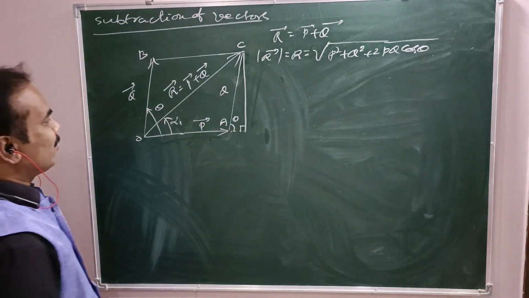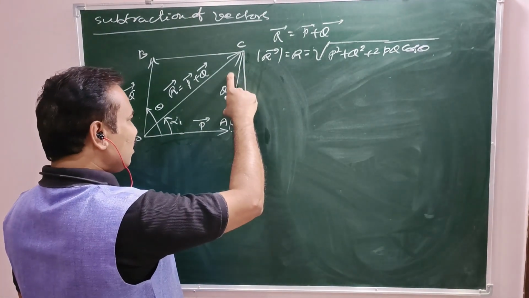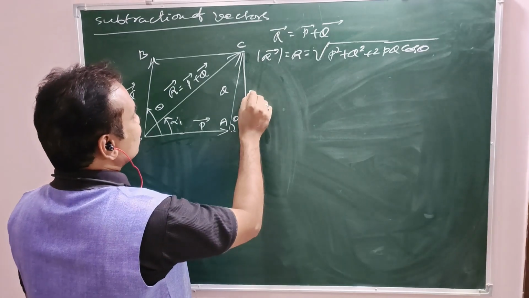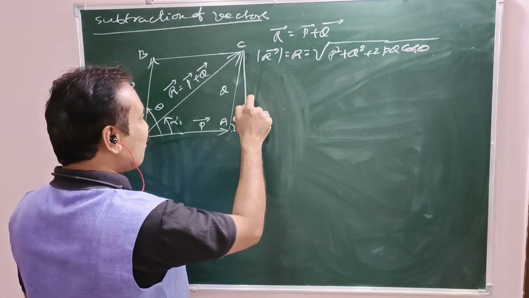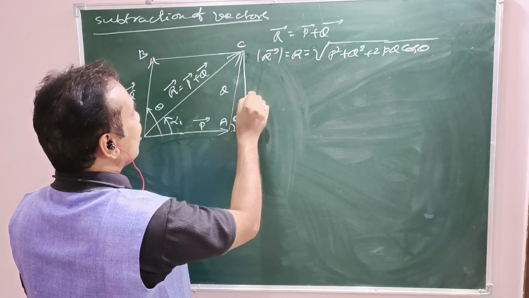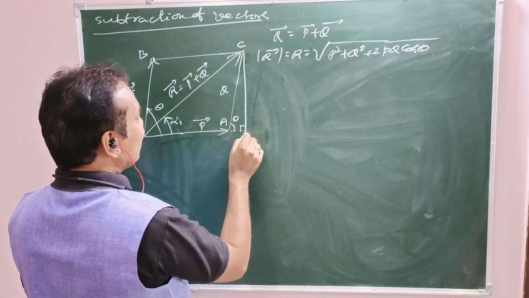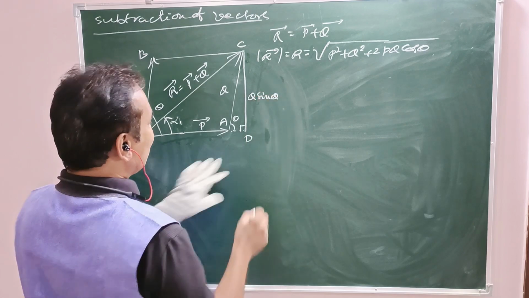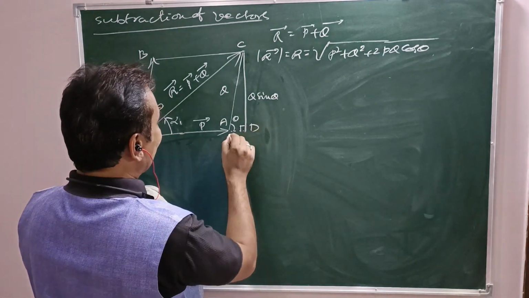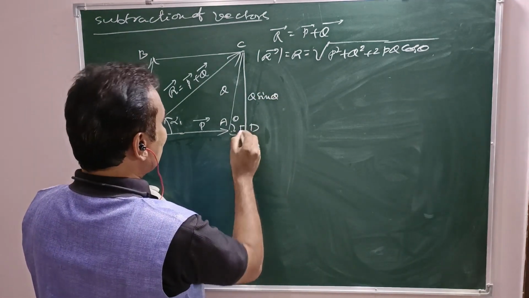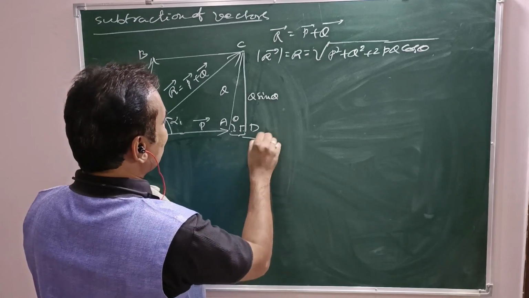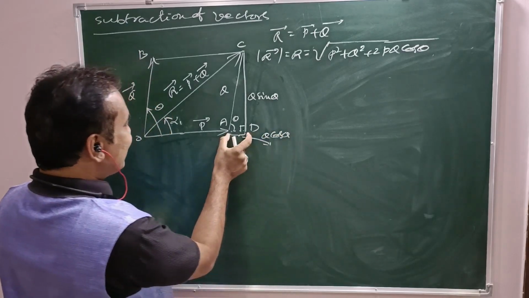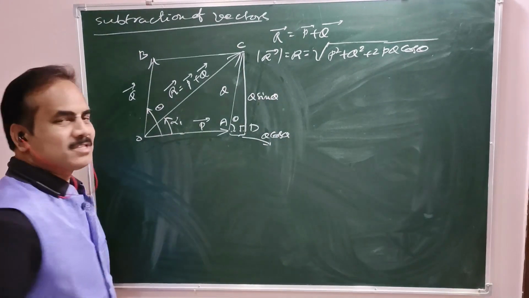Now this is the opposite side with respect to theta, hence this side is Q sin theta. Suppose this is D. This measurement is Q cos theta. AD is Q cos theta. CD is Q sin theta.